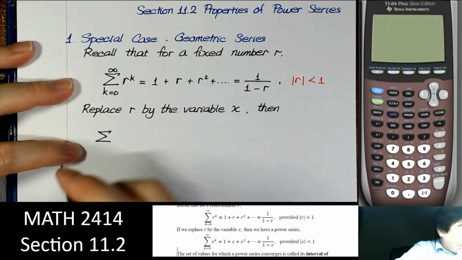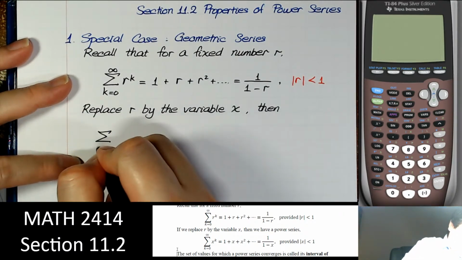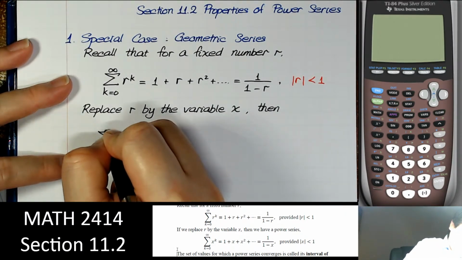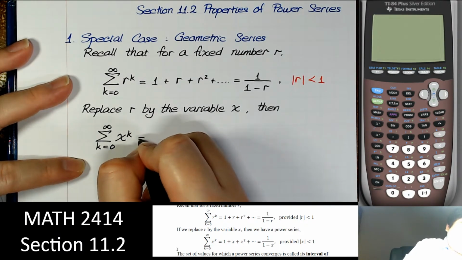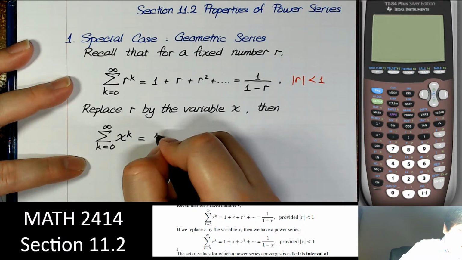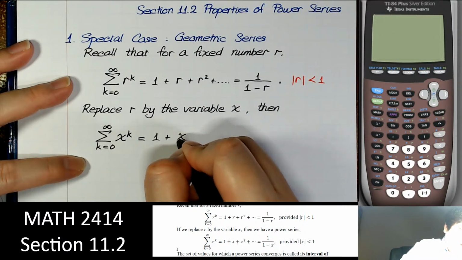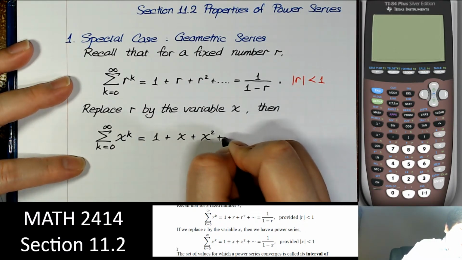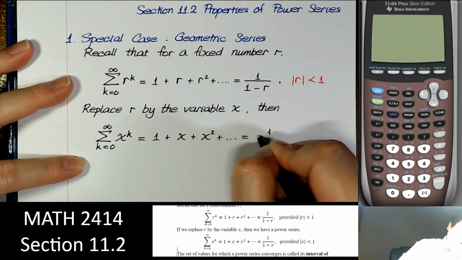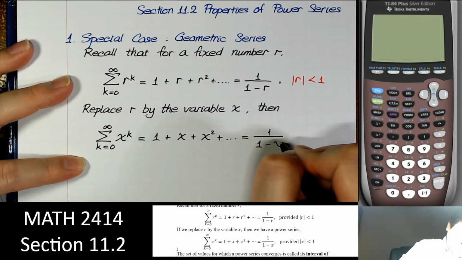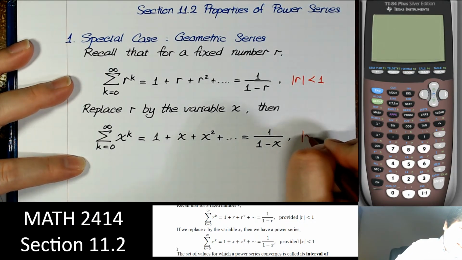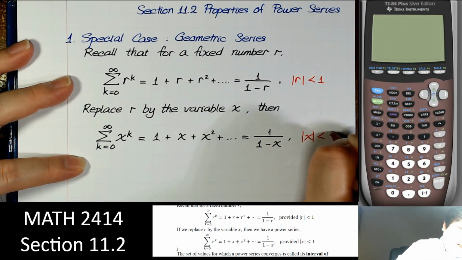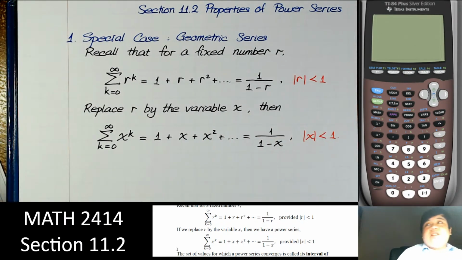Instead of R, we will have X. The index though is still K. Now we have X to the K, and we still have 1 over 1 minus X, and we still have X between -1 and 1, or absolute value of X less than 1.